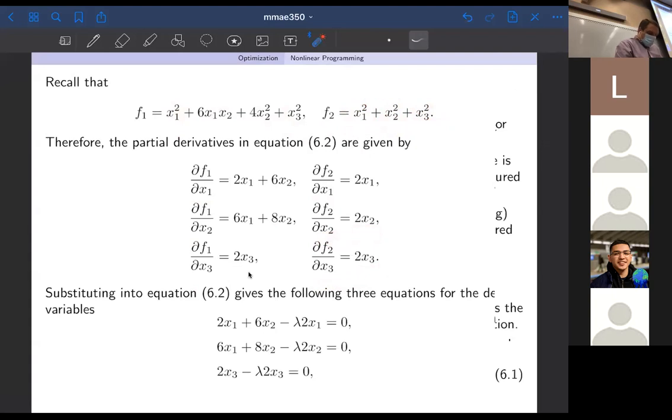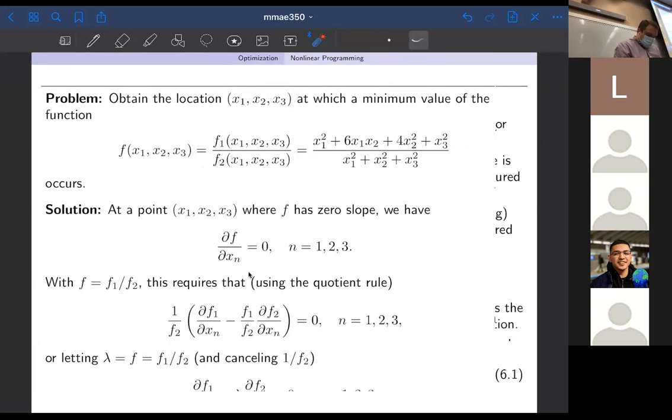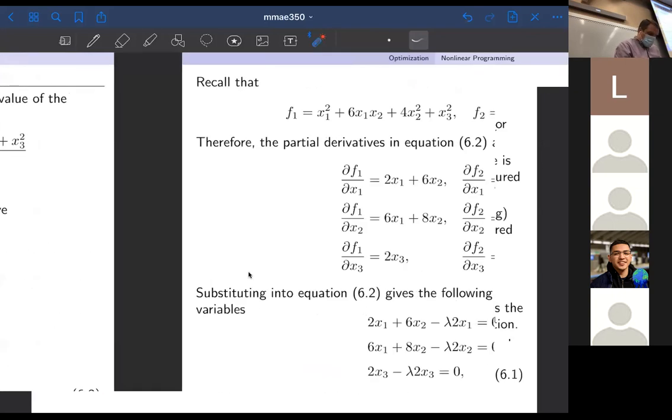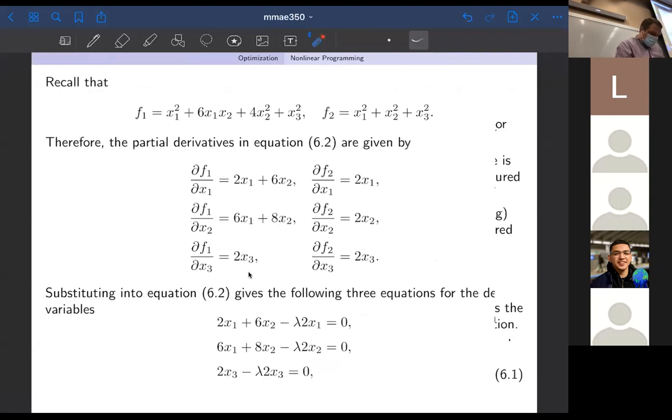So now I can write down my three equations from equation 6.2. Partial f1, partial x1, minus lambda partial f2 partial x1 is equal to 0. And then for x2, and then x3. And that gives me 3 equations. 2x1 plus 6x2 minus lambda 2x1 is equal to 0.